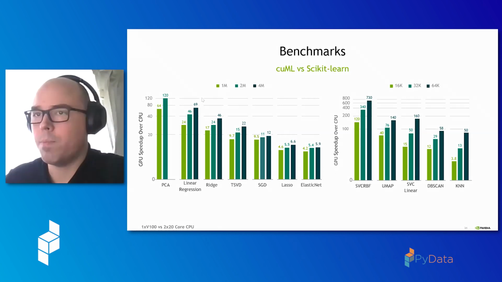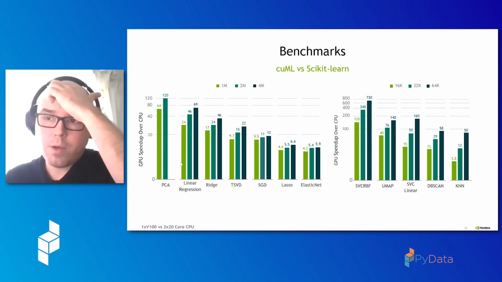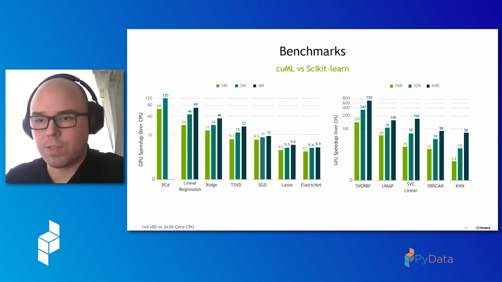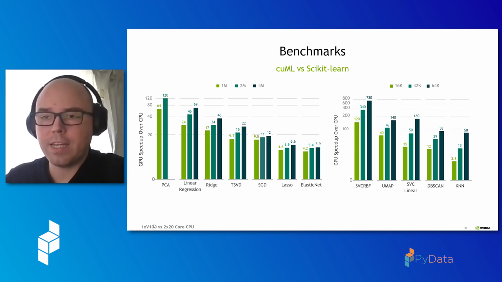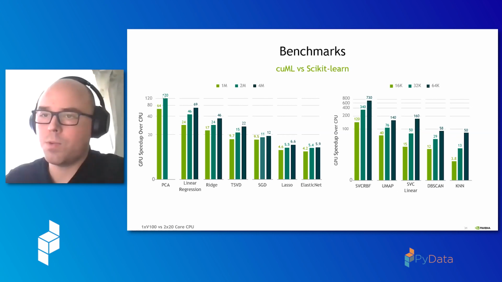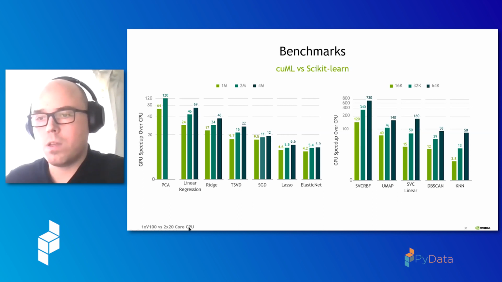So this is a comparison of 1 million, 2 million, and 4 million row operations. Where the 4 million row operation is not present, that means that it didn't fit in the memory of that single GPU. This is a 16 gigabyte variant, by the way. So again, the unit is the speedup over those 2 20-core CPUs. So this single GPU will be about 120 times faster than those 2 20-core CPUs.